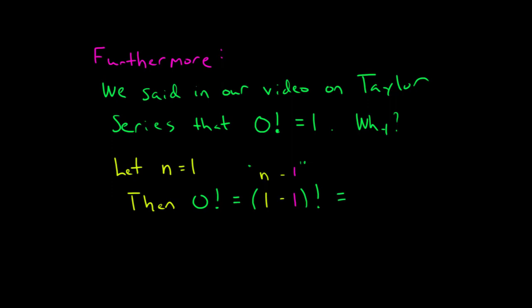N minus 1 factorial is just n factorial over n, so this would be 1 factorial over 1. And I'll just highlight that again in red here. Remember that n minus 1 factorial equals n factorial over n. Well, 1 factorial is just 1, so 1 over 1, that's just 1.